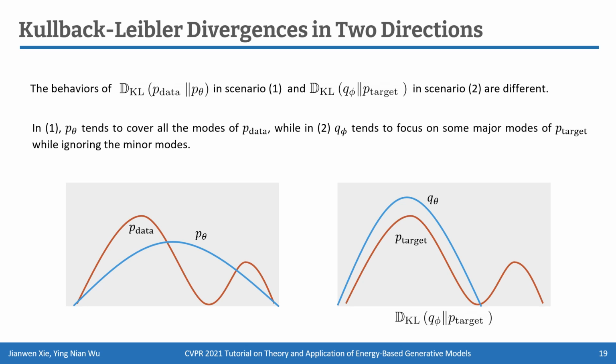The reason is that the KL divergence in the second scenario is an expectation with respect to Q phi. The figures displayed below demonstrate the difference between these two settings.